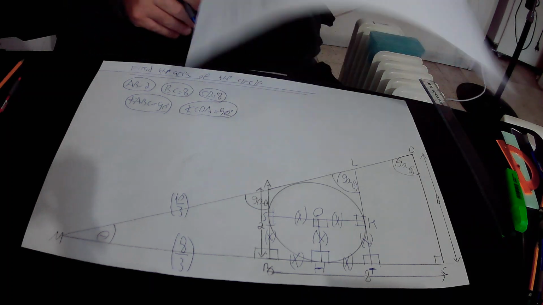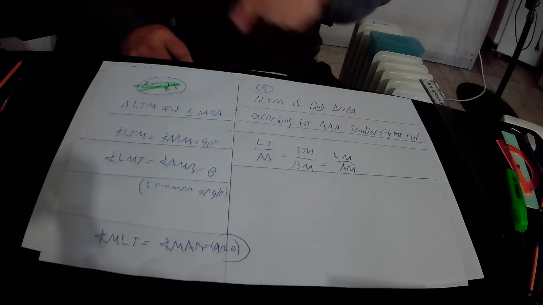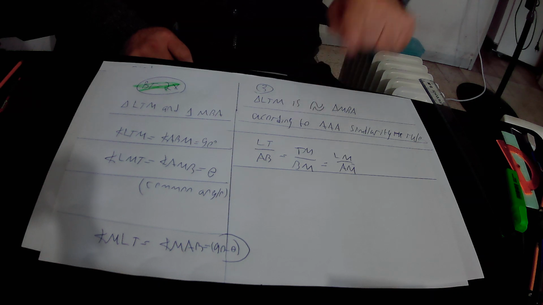Repeat again: LT over AB equals TM over BM equals LM over AM.